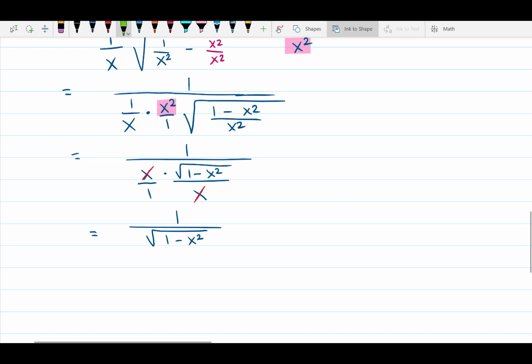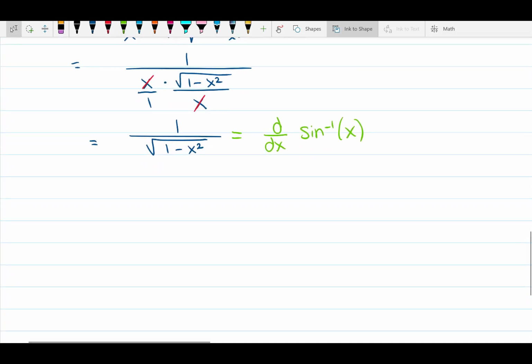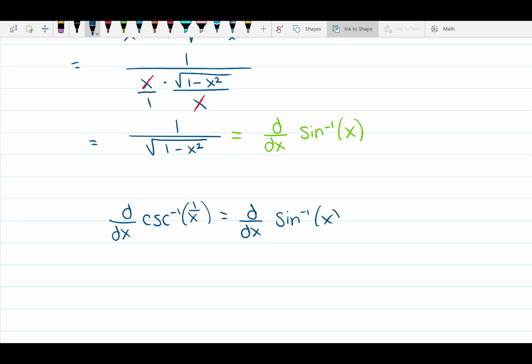And I want you to also notice that this is equal to the derivative of sine inverse of x, which will lead into the next video, which involves calculator conversion identities. The calculator conversion identity that I will show here, though, is that d dx of cosecant inverse of 1 over x is equal to the derivative of sine inverse of x.